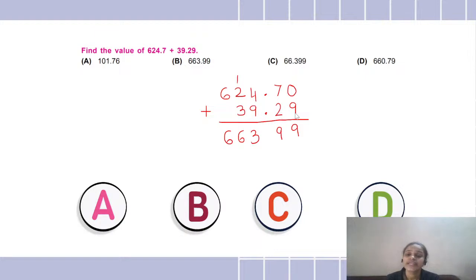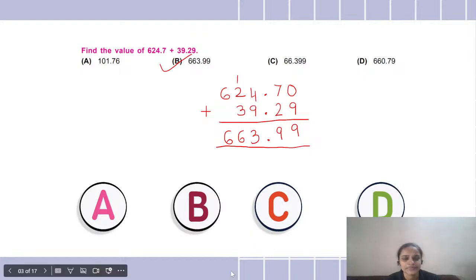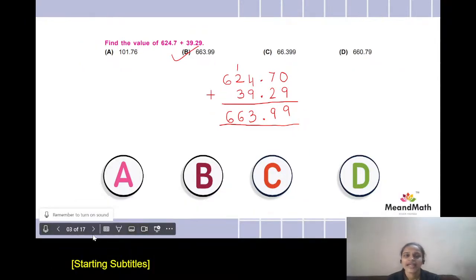Here I simply count: we have 1 and we have 2, so I put the decimal after 2 digits, which makes my answer 663.299, which is option B, and absolutely correct. Very good, children. Clap for yourselves. The answer you gave was absolutely right. Great job.